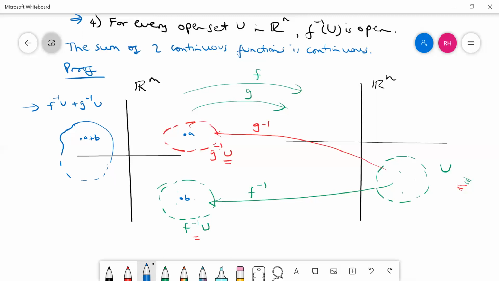Now I've drawn it in this way, half, neither open nor closed, because in fact that's what we need to show. If we can show that this set here is open, then we will have achieved what we want. I suppose up here we could actually write it like this if we wanted.